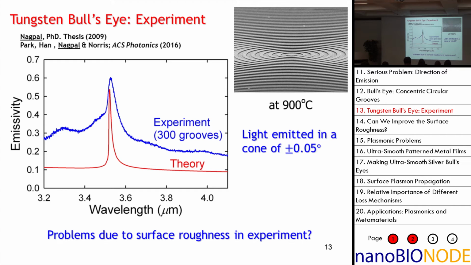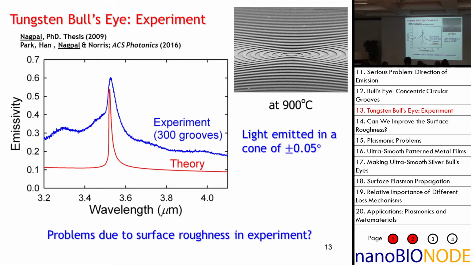So this was good, but when we compared this to our theoretical predictions, what we saw was that this emission was actually much, much broader than what we had predicted theoretically, both in wavelength and in its angular dispersion. And when we compared the coherence of an ideal tungsten grating, it was not quite as coherent as what we had observed in our experiments.